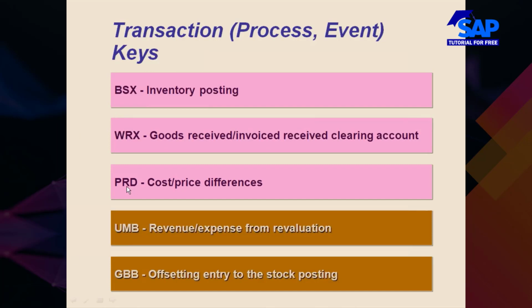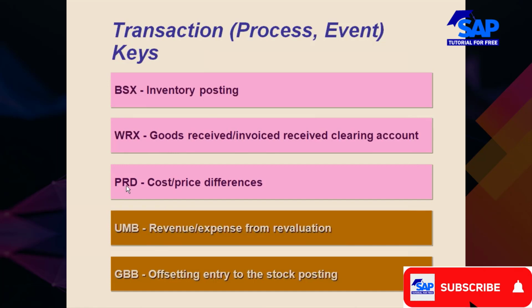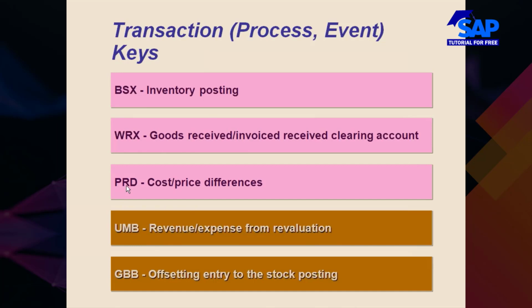And there is something called PRD, the transaction event key for the price difference account to get updated. It comes into the picture when you are doing the goods receipt for a material having standard price, and if the price maintained in the PO and the price maintained in the material are different, only then this comes into play.